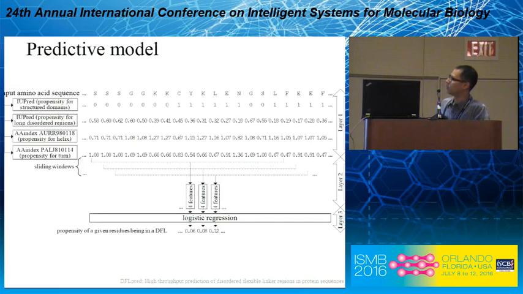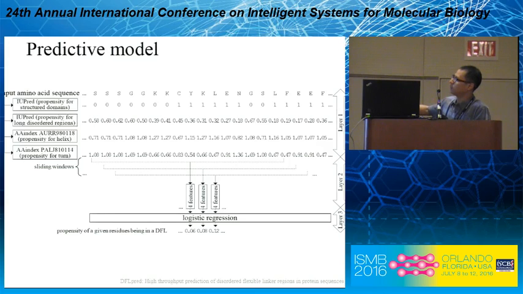Now, this is the flow of our predictive model. Given a protein sequence, the amino acid sequence, we generate four numeric properties. The four properties include the propensity to form structured domains, the propensity to form non-disordered regions, and we also use two indexes measuring the propensity to form certain secondary structures.